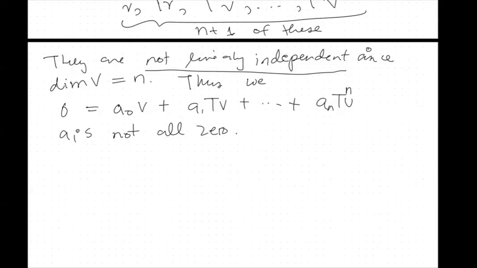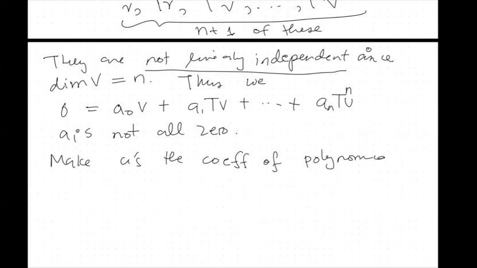Let us consider the coefficients a of our polynomial, and we make a polynomial out of this.